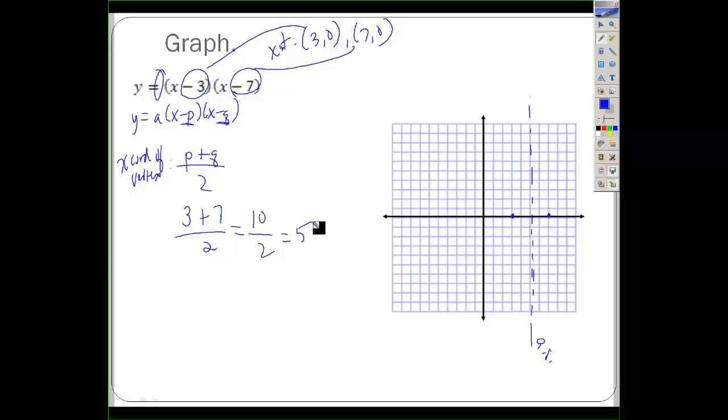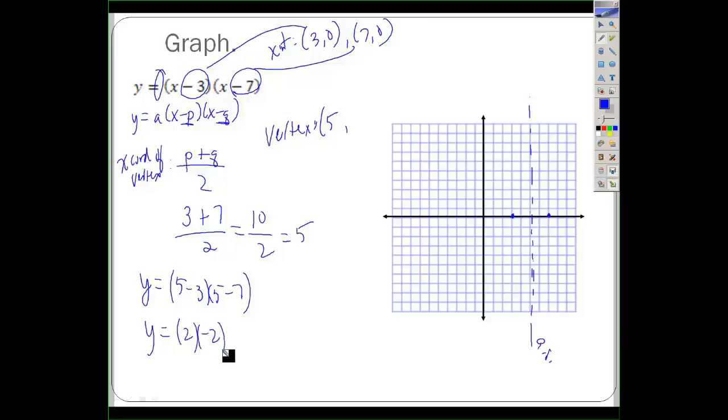So I know my vertex's x-coordinate will be at 5, which when I look at my graph, I already have my axis of symmetry through the x-coordinate, so yes, that would make sense. But I need my y-coordinate still, so I'm going to plug it in the equation to find my y-coordinate. y equals 5 minus 3 times 5 minus 7. So y must equal 2 times negative 2, or y equals negative 4.